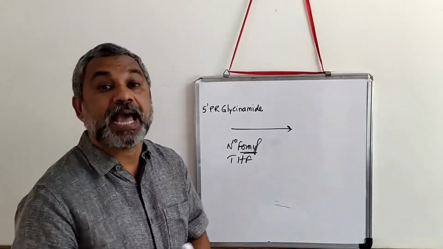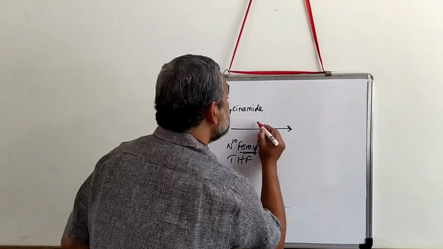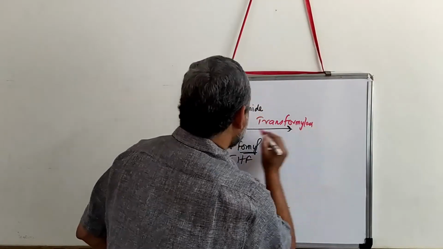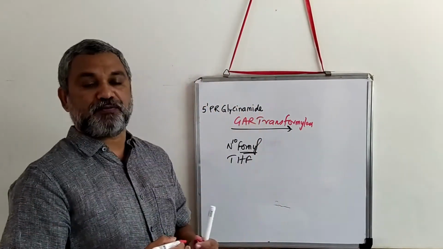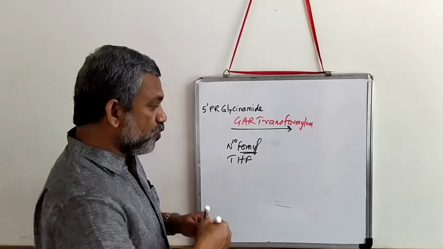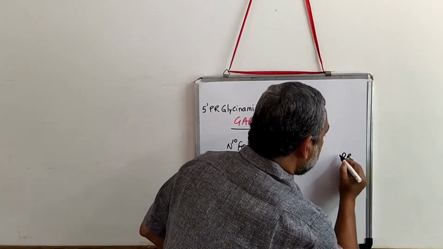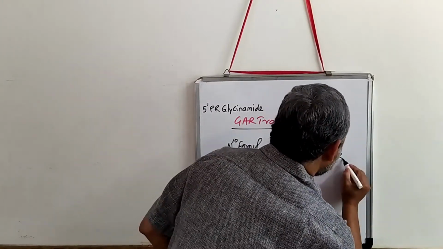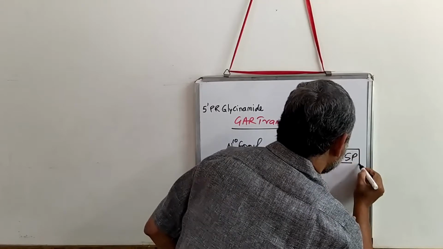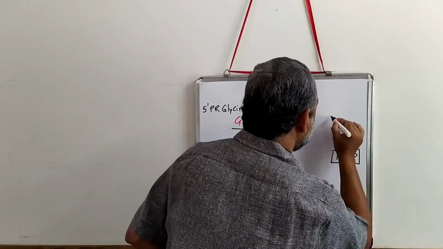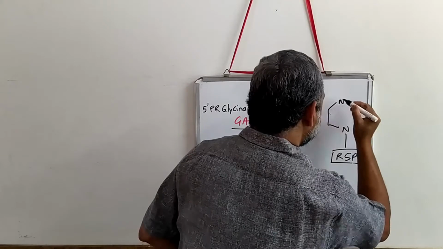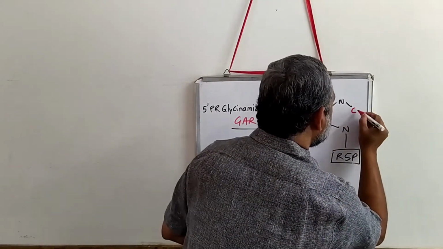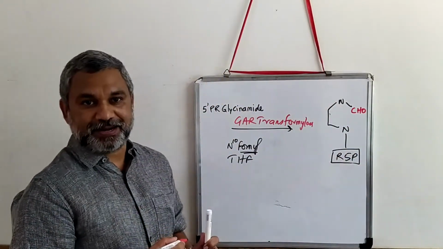It is catalyzed by an enzyme known as transformylase, and this is GAR transformylase. The product that we are going to get, we will write ribose 5-phosphate, and to that the CHO group is added there.